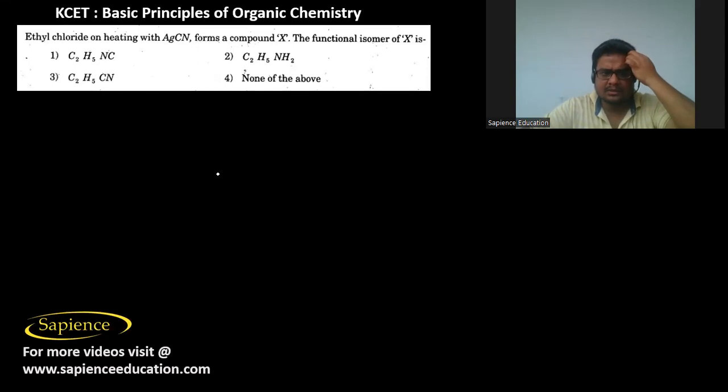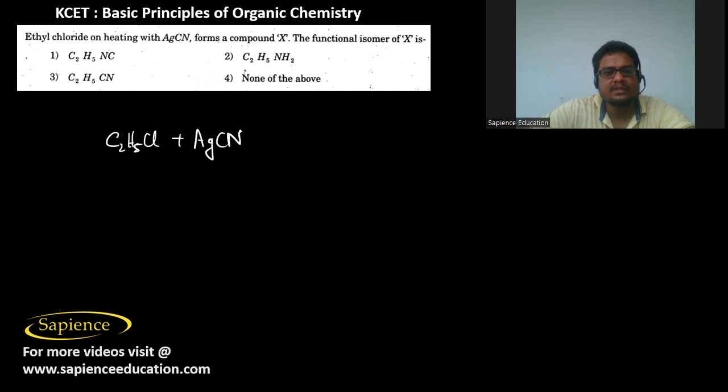Then here it is told ethyl chloride on heating with AgCN forms a compound X. The functional isomer of X is. So ethyl chloride is C2H5Cl. When that reacts with AgCN, isocyanide will be formed, which is C2H5NC, ethyl isocyanide.